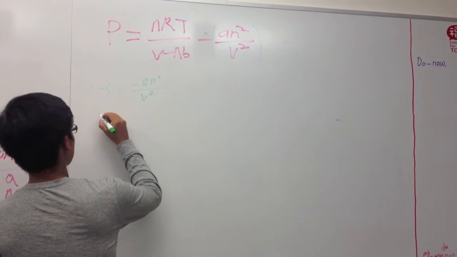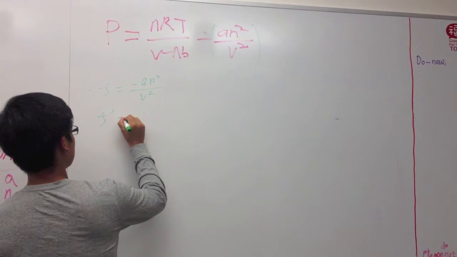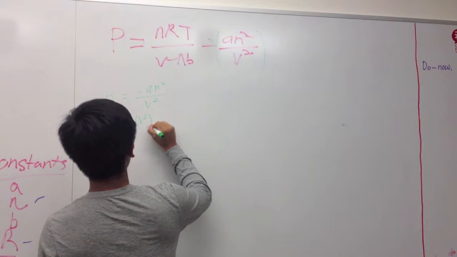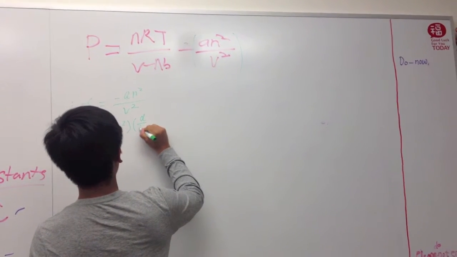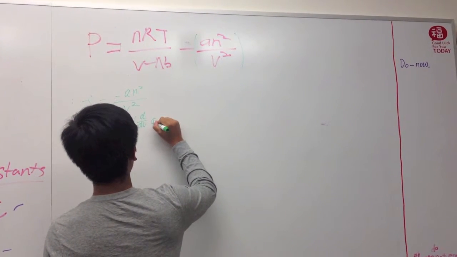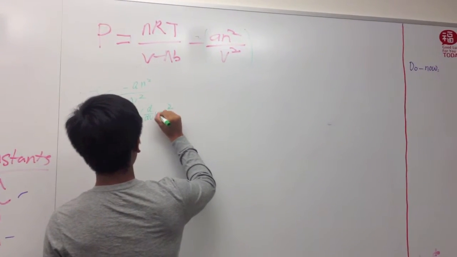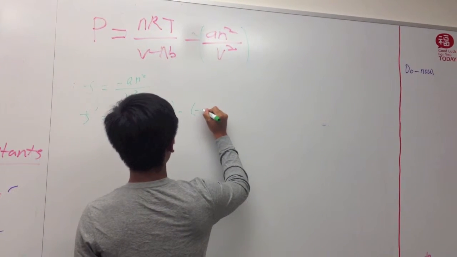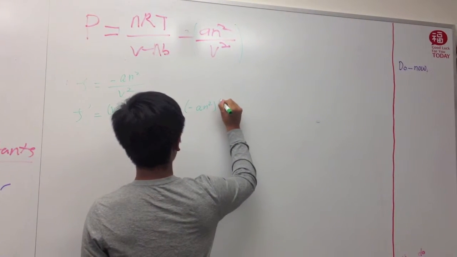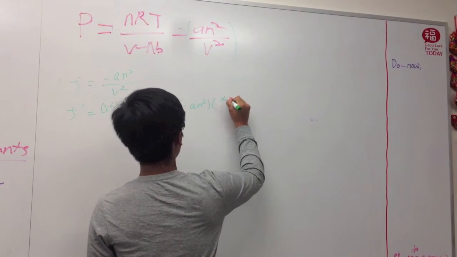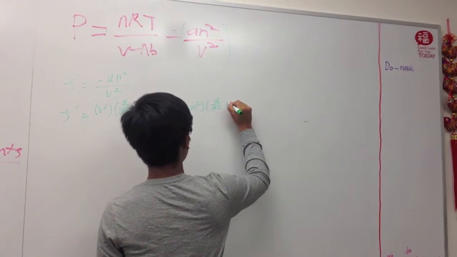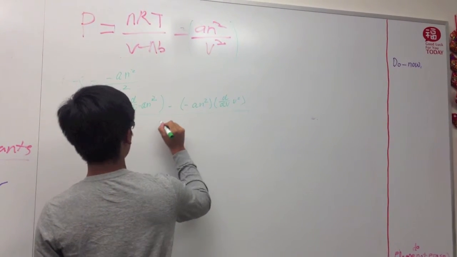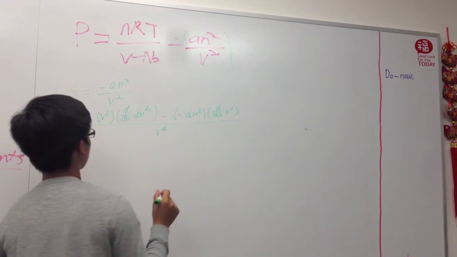So the derivative is equal to keep the bottom, times the derivative of the top, which is negative a n squared, then minus the top times the derivative of the bottom. The whole thing divided by the bottom squared, which is V to the power 4.